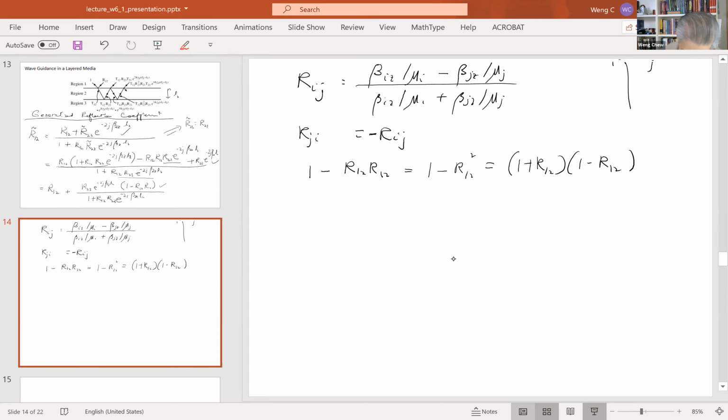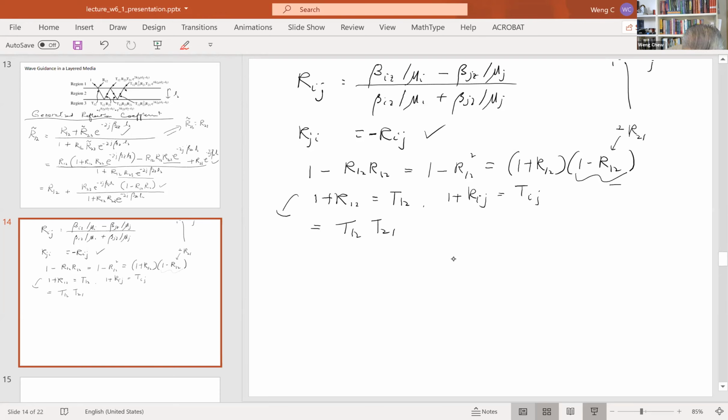You probably recall that when we match boundary conditions, 1 plus R12 is T12. In general, 1 plus Rij is Tij. The transmission coefficients are related to the reflection coefficients. Using this fact, I can replace this with R21, plus R21. And hence this factor can be written as T12 T21, because this is just T21 and this is just T12.